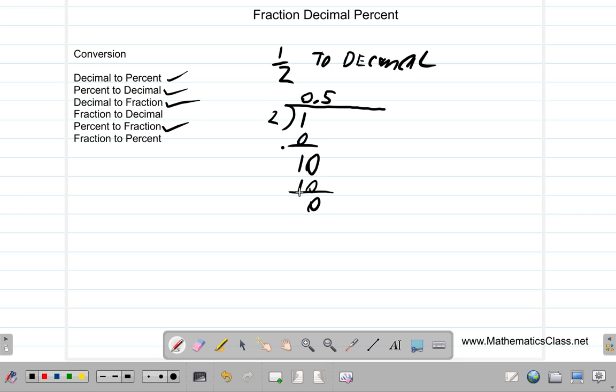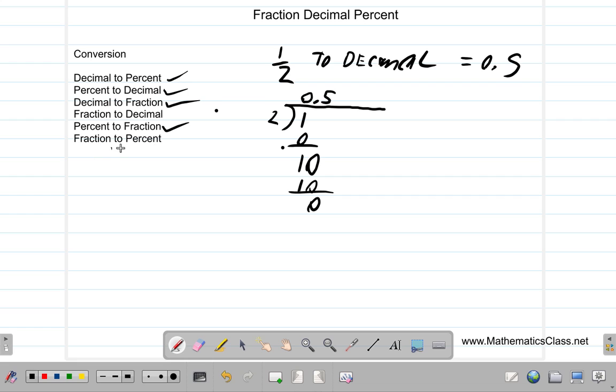It makes sense to stop here, because you get a 0. Alright? So a half as a decimal equals 0.5. So that is a fraction to decimal.